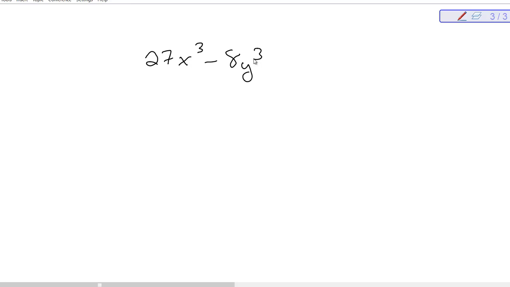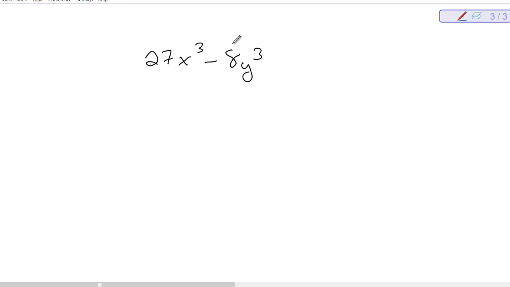First thing I'm still going to do is look and see, is there a greatest common factor among all the terms? Well, no, there's not a number that I can factor out of 27 and 8, and they do not have the same variable, therefore there's not a greatest common factor. So then I'm going to look and say, okay, my variables have squares, cubes.